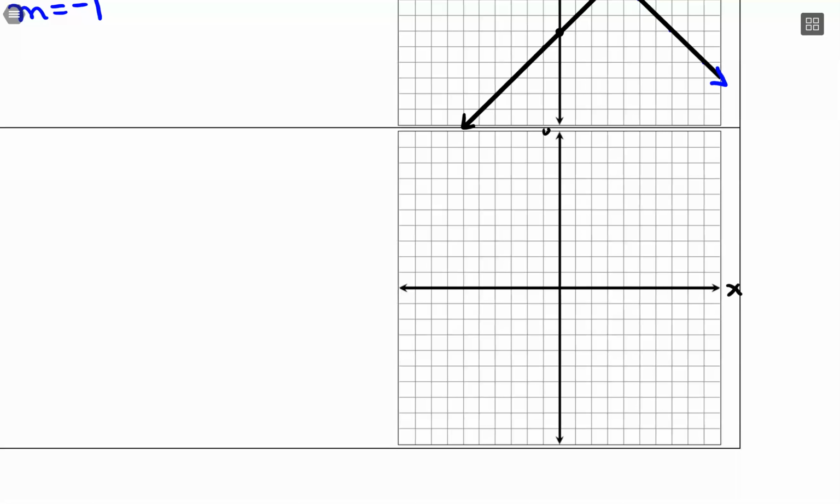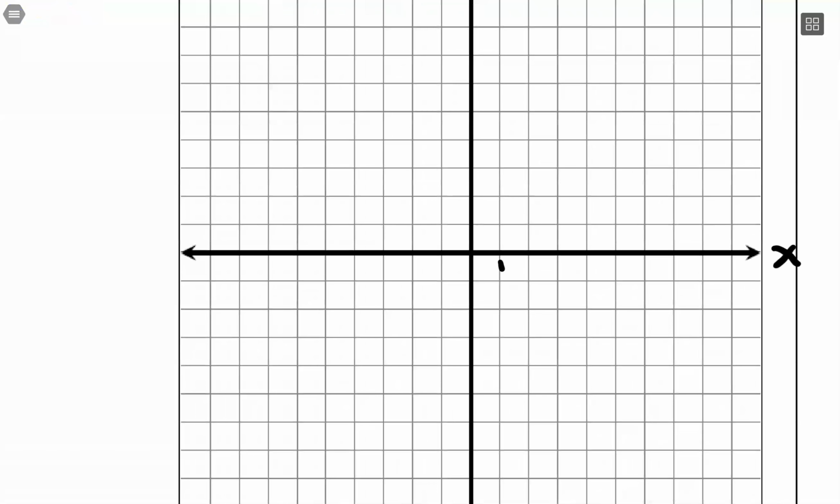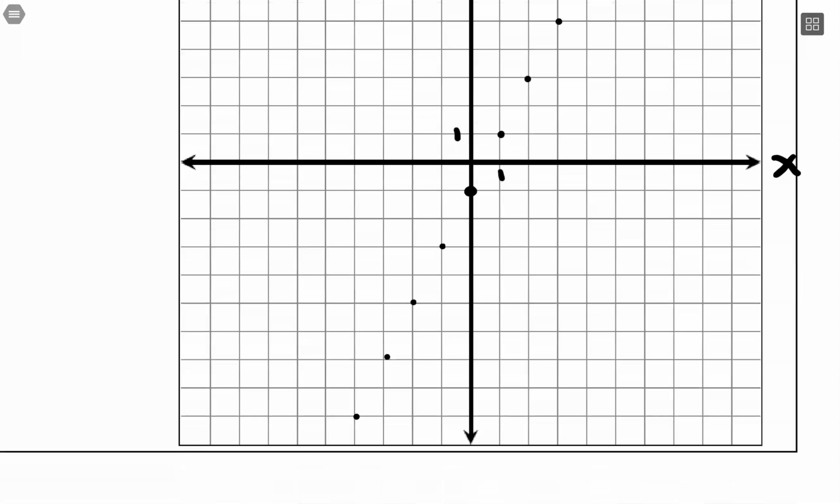So x, y, and I know something about this graph where I'm going to be extra precise how I graph this. So negative 1, and then a slope of positive 2. Just going to get all those points.